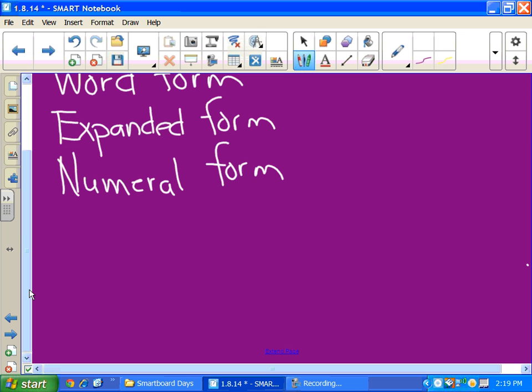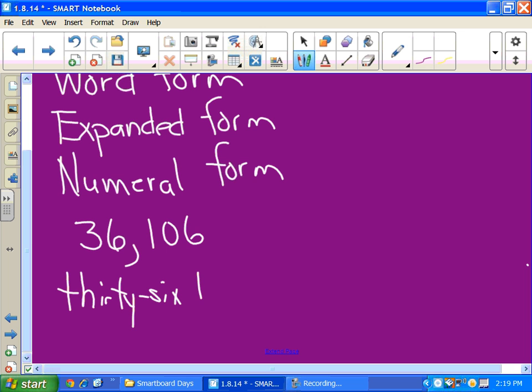For example, for the word form, if I gave you the number 36,106, you should be able to write that in words. So how will we write it? Just like you would say it correctly. So we said this as 36,000, because it's in the thousand period, comma, 106.